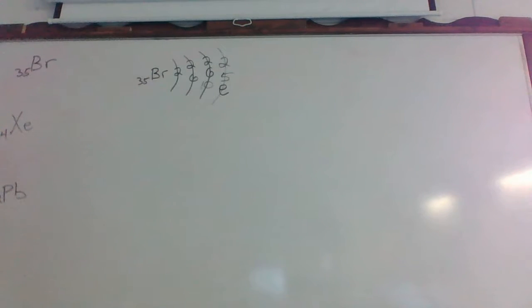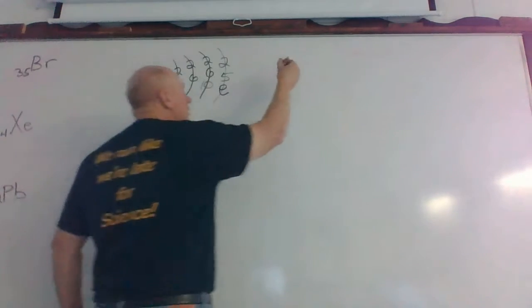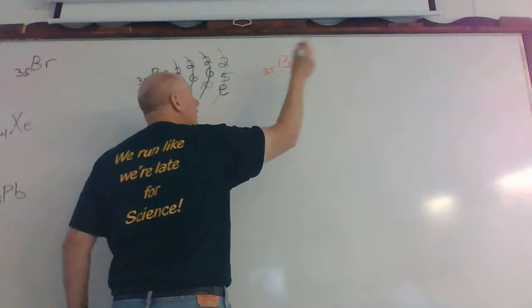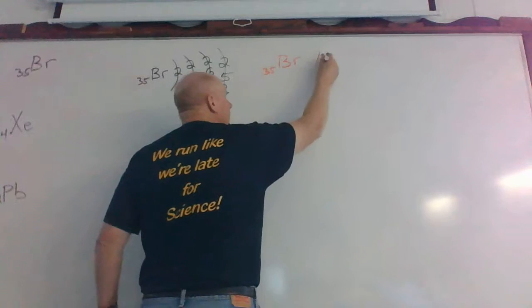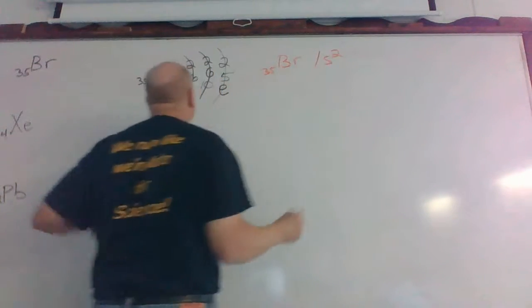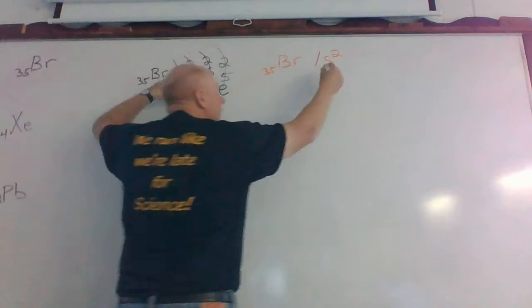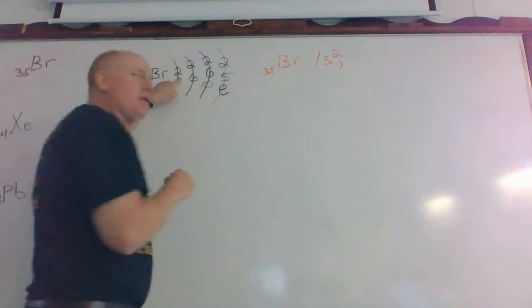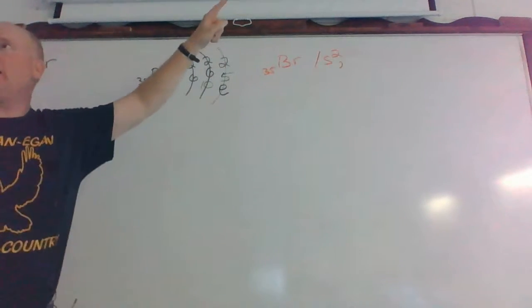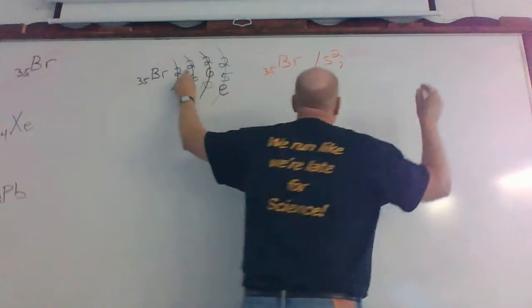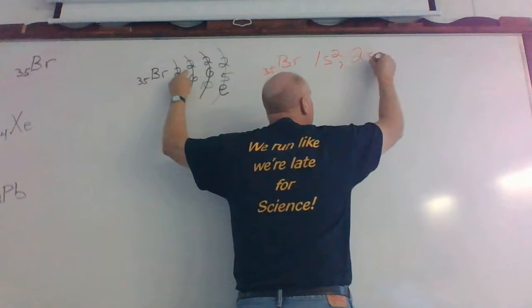So, in other words, we can just do this linear depiction, bromine 35. We do 1s2, comma, follow your slide rule, go up to the top of the next slide and slide down. 2s2, that's this one right here.